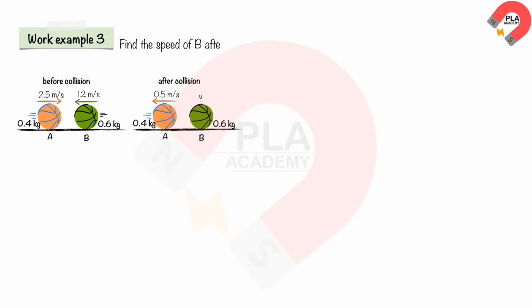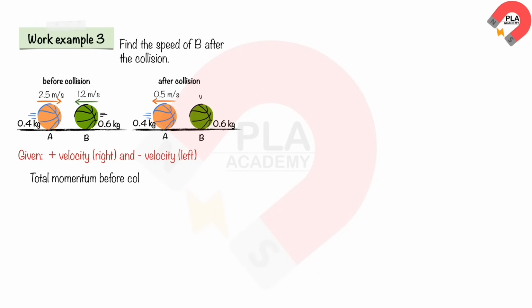Work example 3. Find the speed of ball B after the collision as shown. We take the direction to the right as positive, and to the left as negative. The total momentum before collision is the sum of ball A's momentum and ball B's momentum, which is 0.4 times 2.5 plus 0.6 times minus 1.2, equal to 0.28 kilograms meters per second.